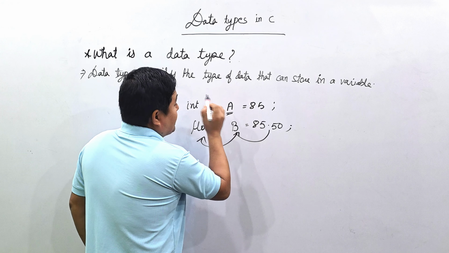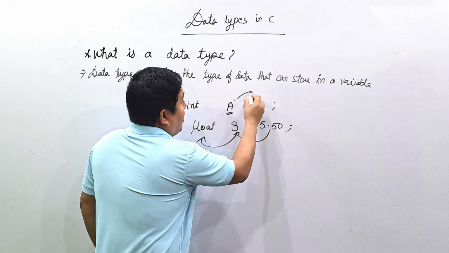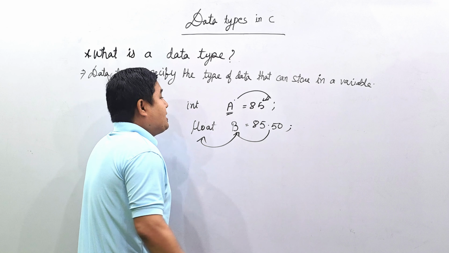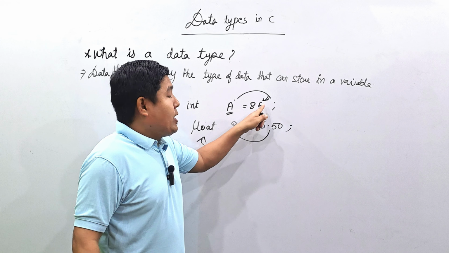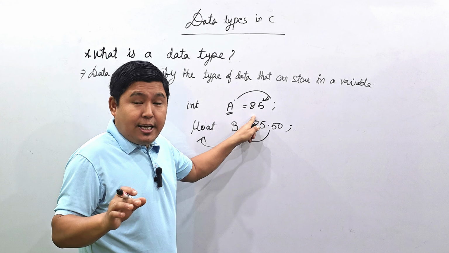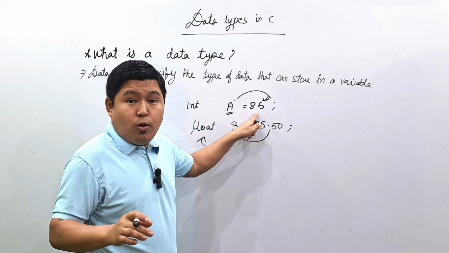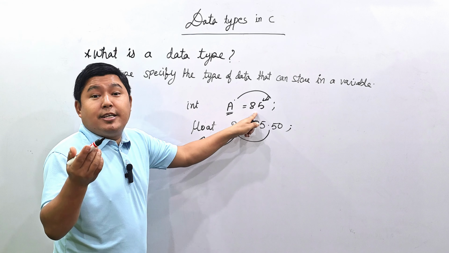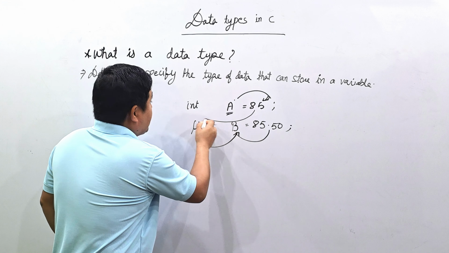Which type of value can be stored is decided by the data type.